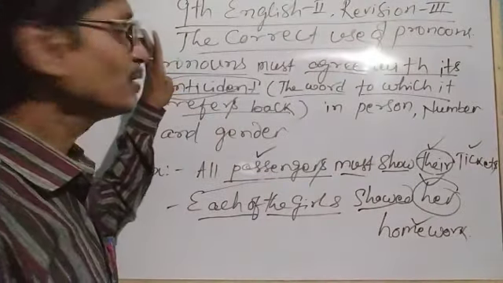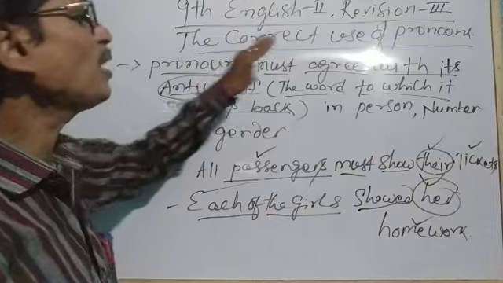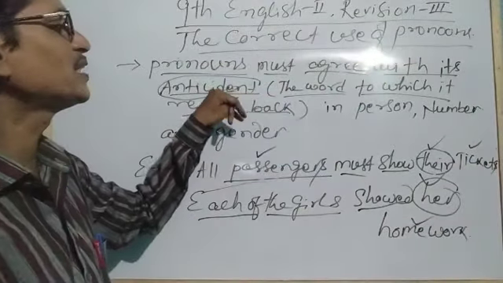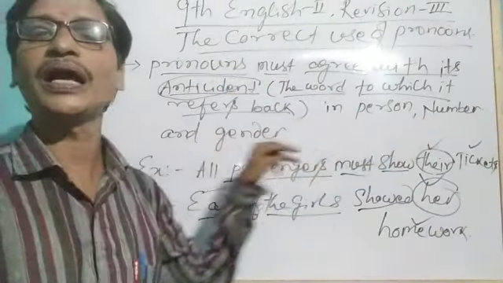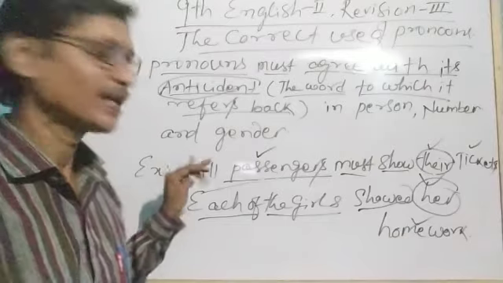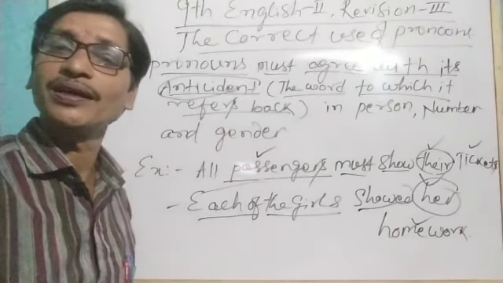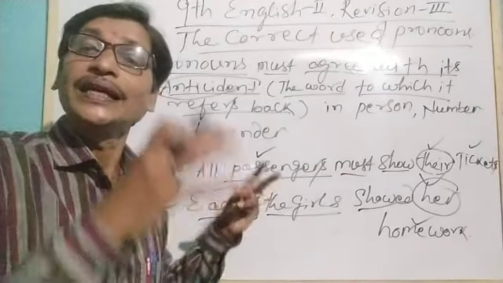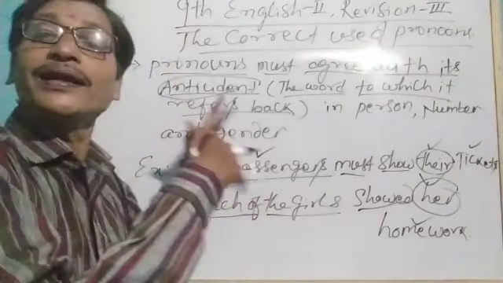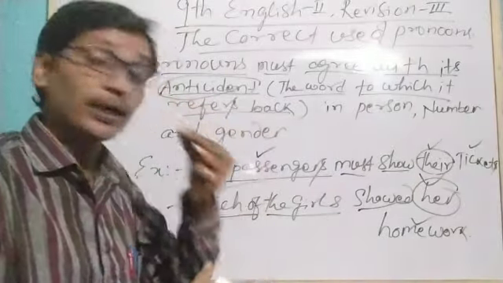Understand? So the rule is here: pronouns must agree with their antecedent in person, number and gender. And the examples are given over here. We are just briefly revising. We have already discussed them earlier. You can go through them.